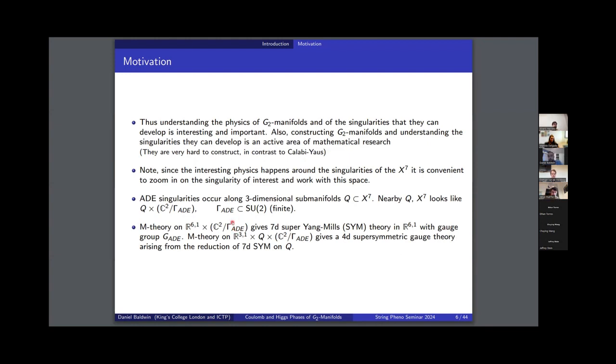So, for example, if we had M theory on a C2 mod Z2 singularity, we'd get 7D super Yang-Mills with gauge group SU2. Then further, if we take M theory on 4D Minkowski times Q times an ADE singularity, we get some 4D supersymmetric gauge theory that arises from the reduction of 7D super Yang-Mills on the 3-manifold Q. So this is where our 4D gauge theories are going to come from.